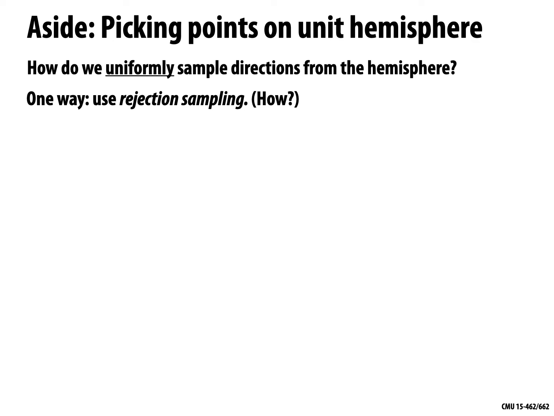Then, how do I turn those points in the unit ball to points on the unit sphere? Oh, well, I can just take the coordinates and normalize them so their norm is 1. Right? I just divide x, y, z by the square root of x squared plus y squared plus z squared. Now I get points on the unit sphere.